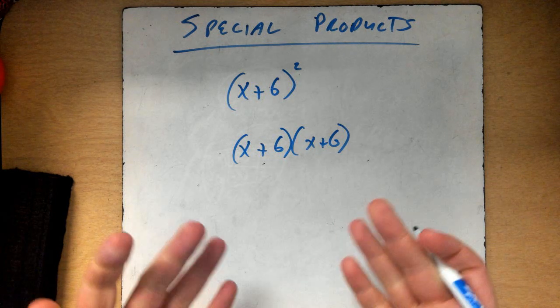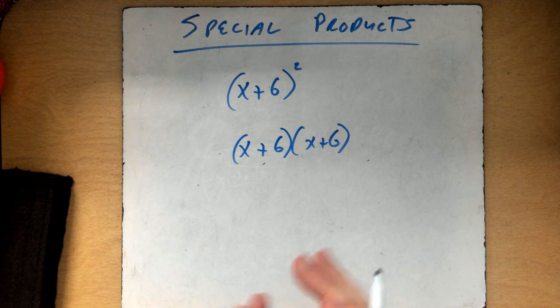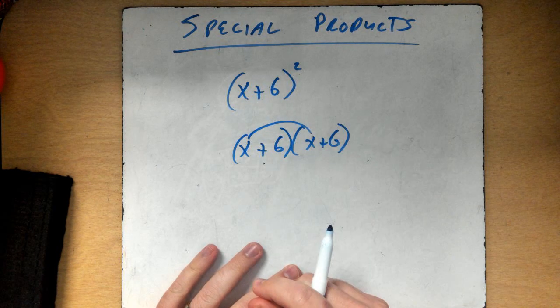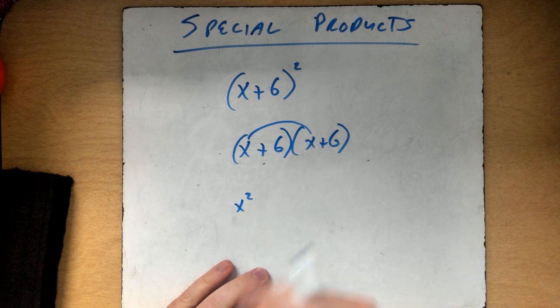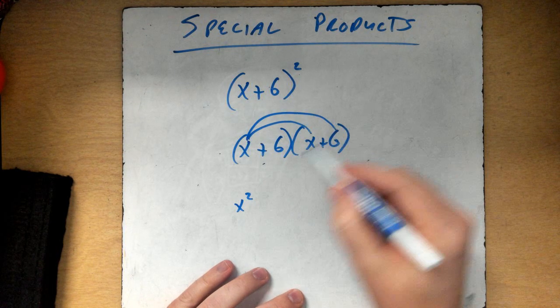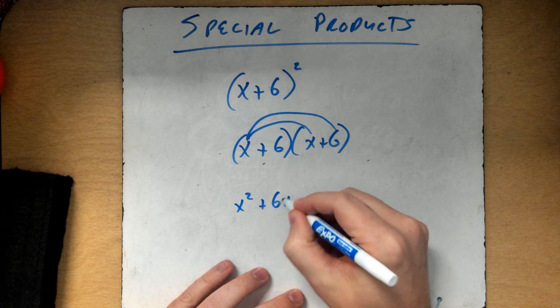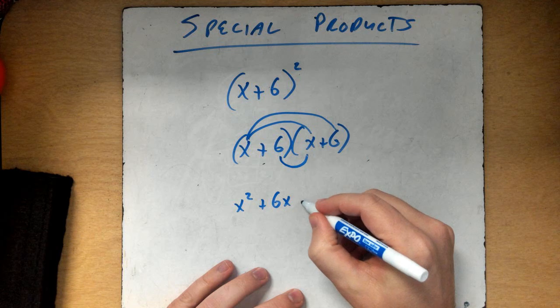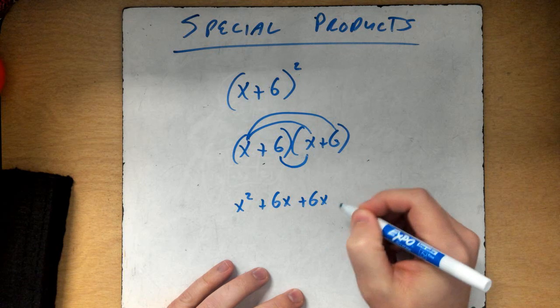And then you still do the FOIL, right? Just to go through it with you once again. Remember, we're going to multiply the x times the x to get x squared, okay? We're going to do x times 6 to get a positive 6x. We're going to do 6 times x to get, once again, a positive 6x.